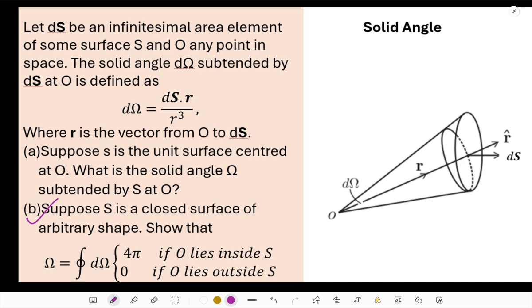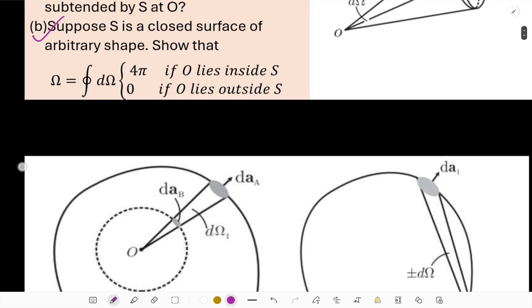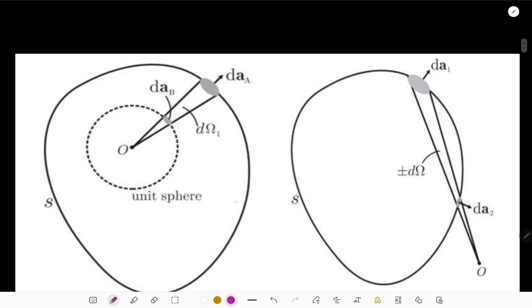Prove that it will subtend a total solid angle of 4 pi at an inside point if O lies inside S. So O is the inside point, and it should not be only the center of the sphere. It can be any point inside this arbitrary shaped surface you can see in this picture, and the total solid angle subtended by this arbitrary surface at any point O inside it will be equal to 4 pi.